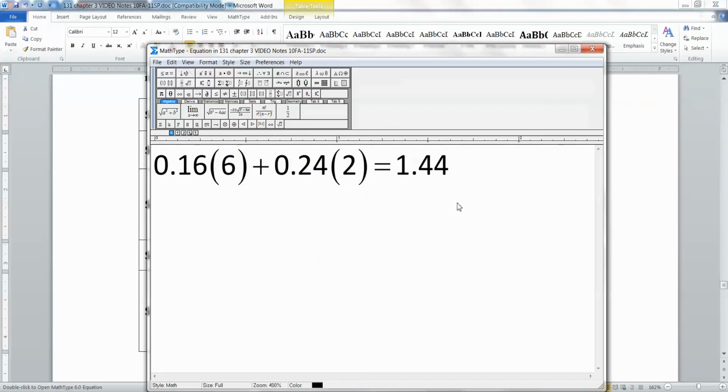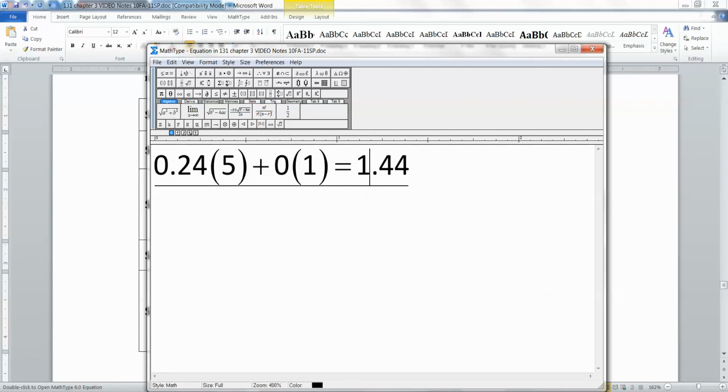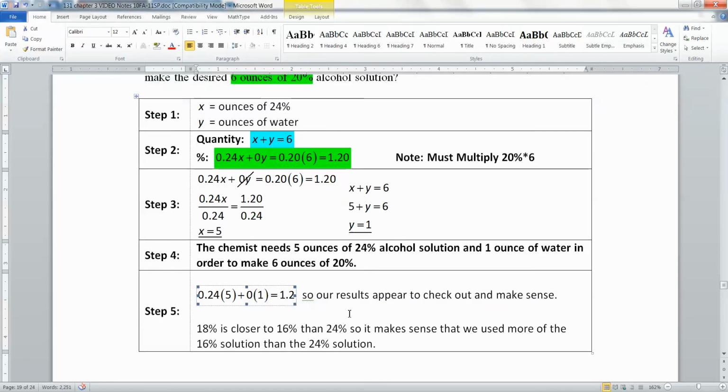We can double check numbers-wise. You can say, okay, if I do 0.24 times 5 plus 0 times 1, will that work out? And sure enough, yeah, it'll work. I mean, 0.24 times 5 will make 1.2. So it works, right? So our results appear correct.